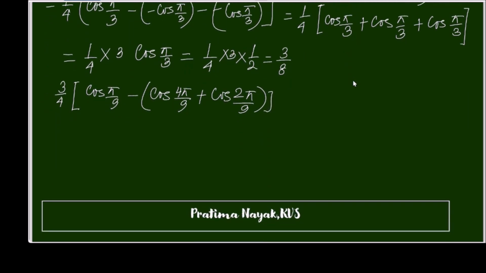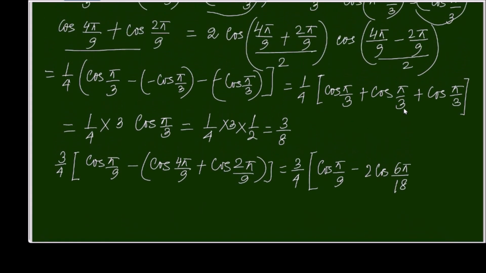So this will be 3 by 4 into cos pi by 9 minus 2 cos of 6 pi by 18. I had simplified here only.